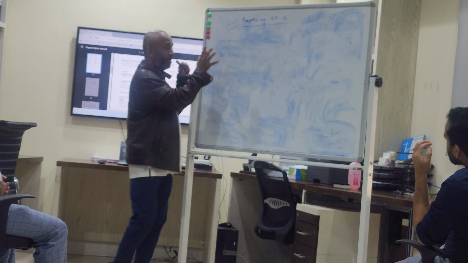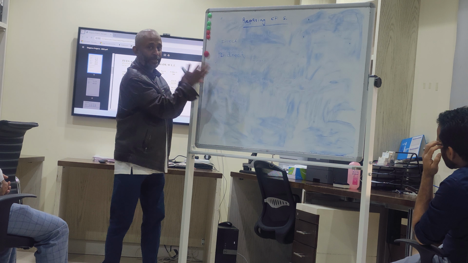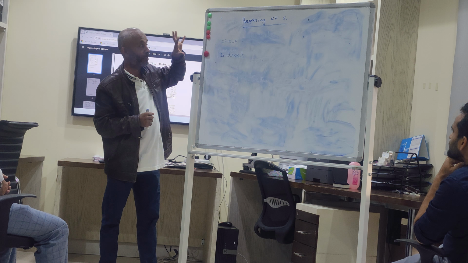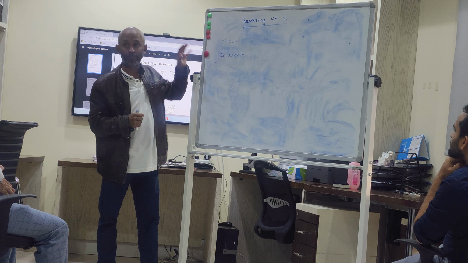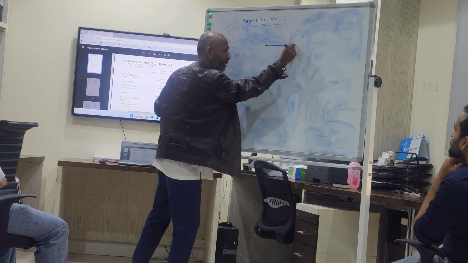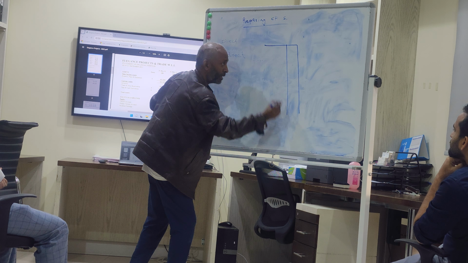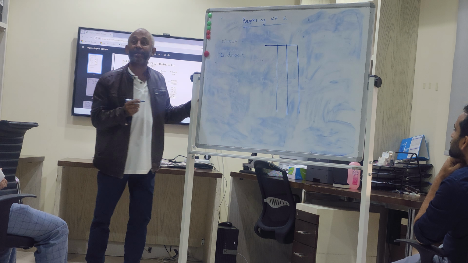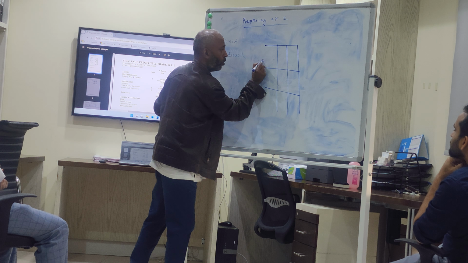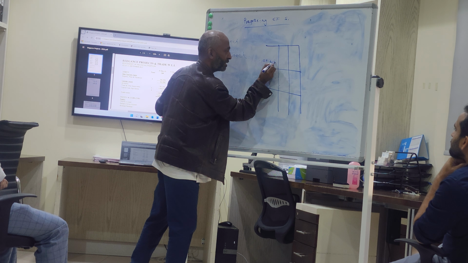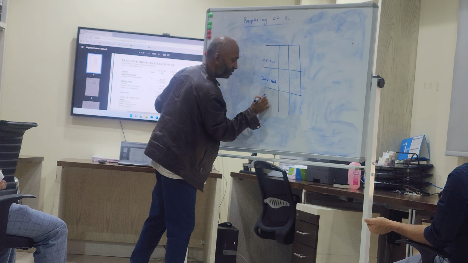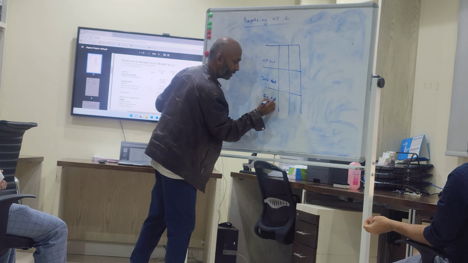So as we understood, there are direct method and indirect method. Now we need to understand how to prepare cash flow statement using direct and using indirect. If you look into the cash flow statement, as we understood, there are three sections. One is operating activity, investing activity, and financing activity.